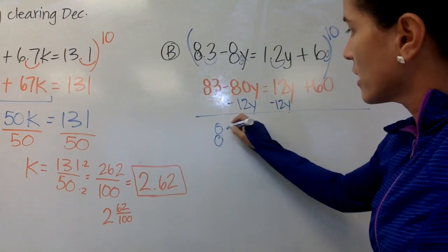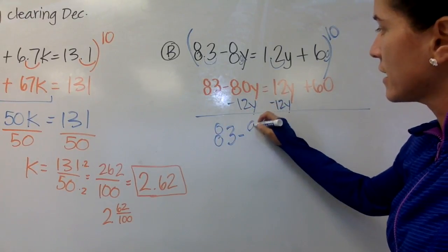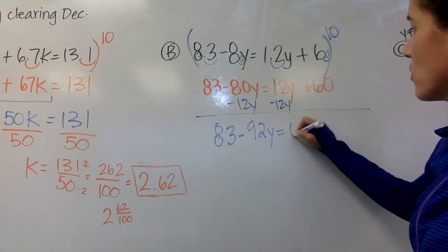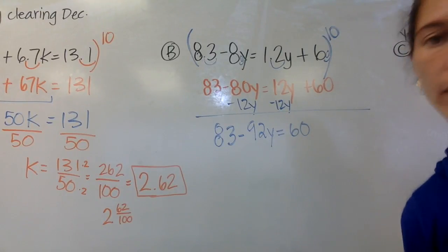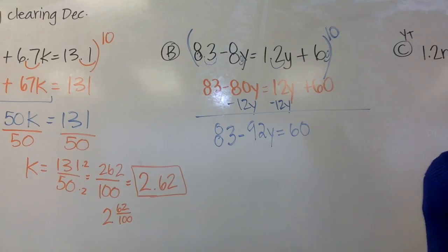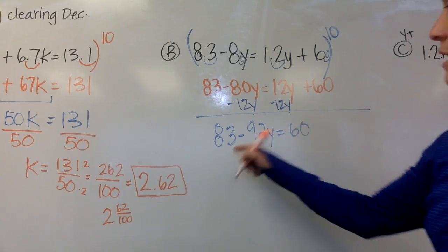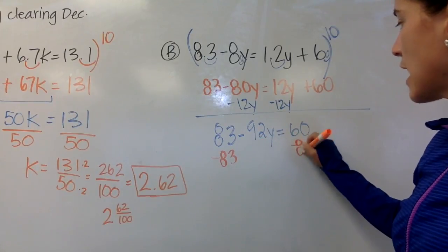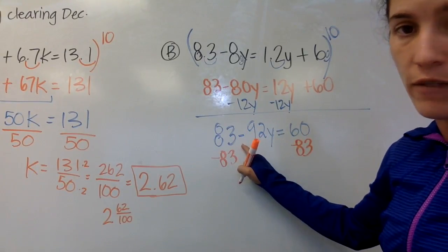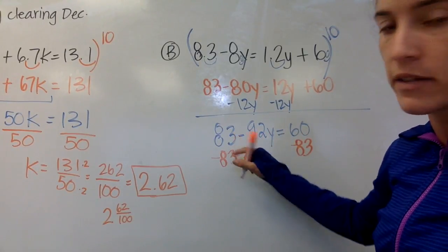So 83 minus 92y equals 60. If you're not sure how I got that, then go back and watch Solving Equations with Variables on Both Sides. Now I need to move my 83 over, so I'm going to subtract 83 because that is a positive 83.